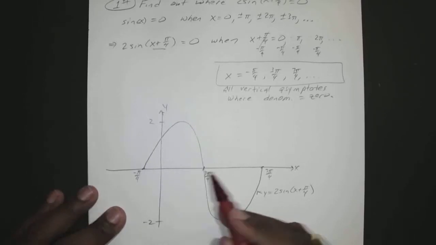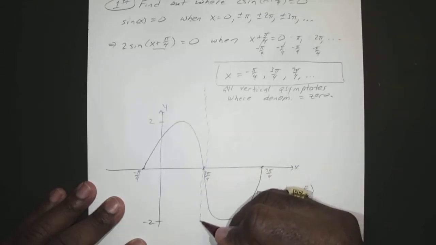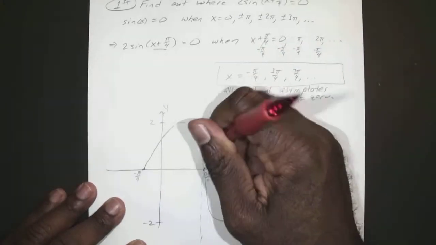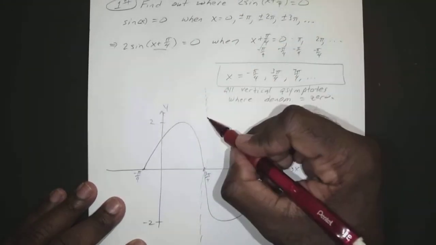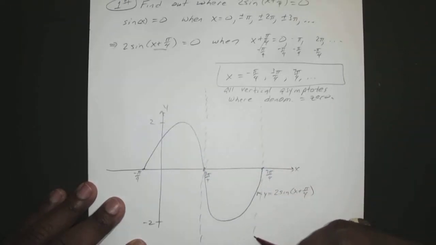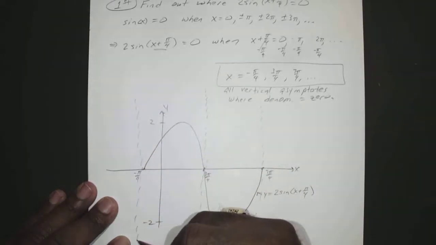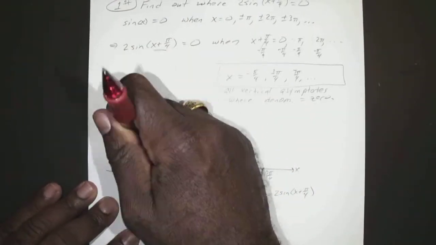Okay, so we know already these are our vertical asymptotes. So these are all the values we can have equaling 0. Let me straighten that out a little bit.